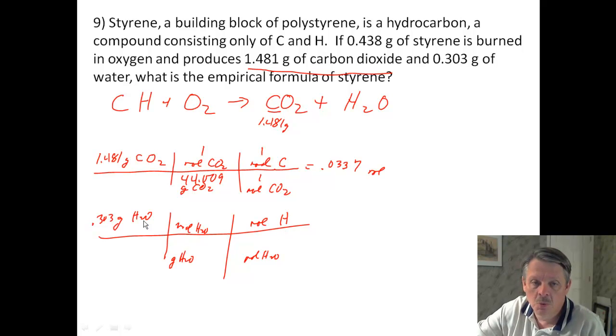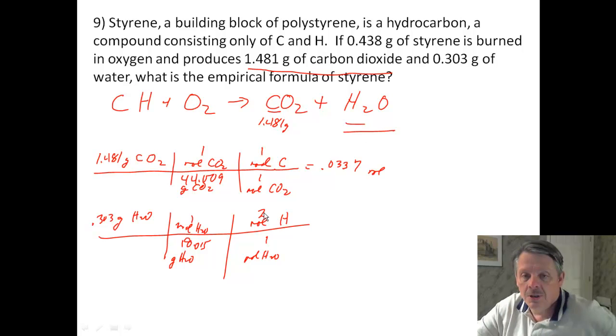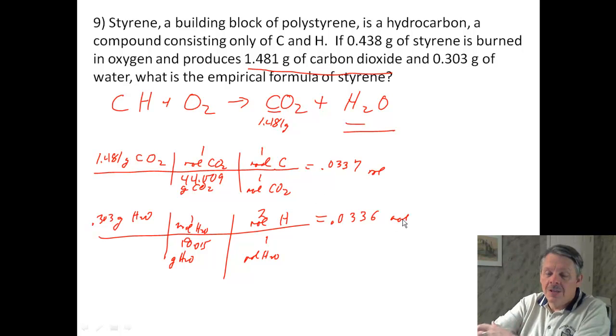Now remember, we're dealing with water, and water has a molar mass of 18.015 grams in 1 mole. And 1 mole of water gives us how many hydrogens? Well, think about it. H2O has 2 hydrogens for every molecule of water, so I'm going to have a 2 up here because I'm getting 2 moles of hydrogen out of that 1 mole of H2O. When I do this math, I get 0.0336 moles.